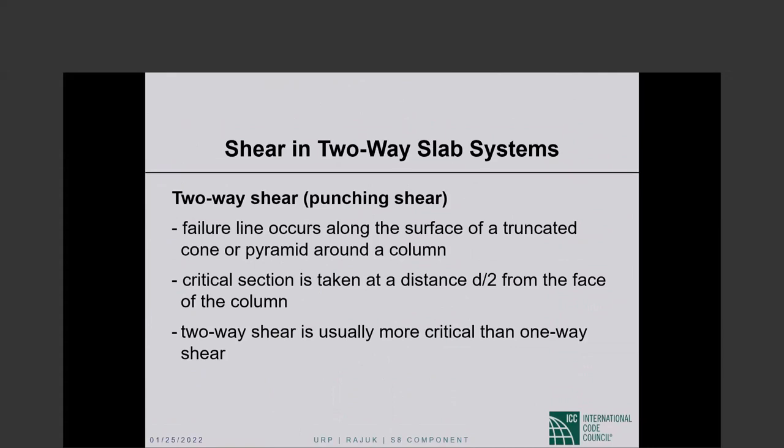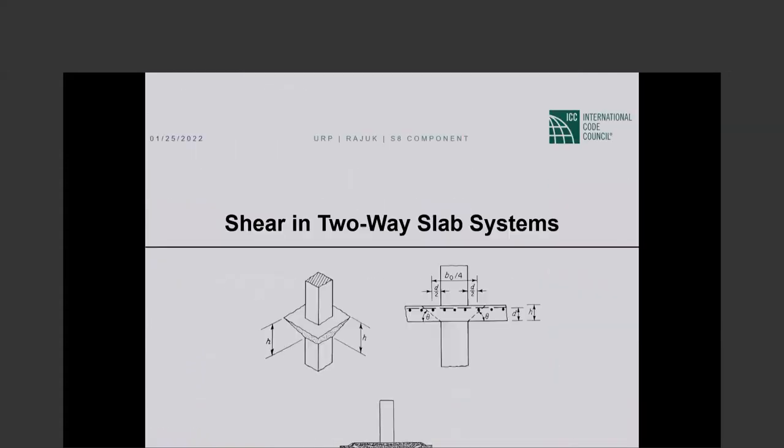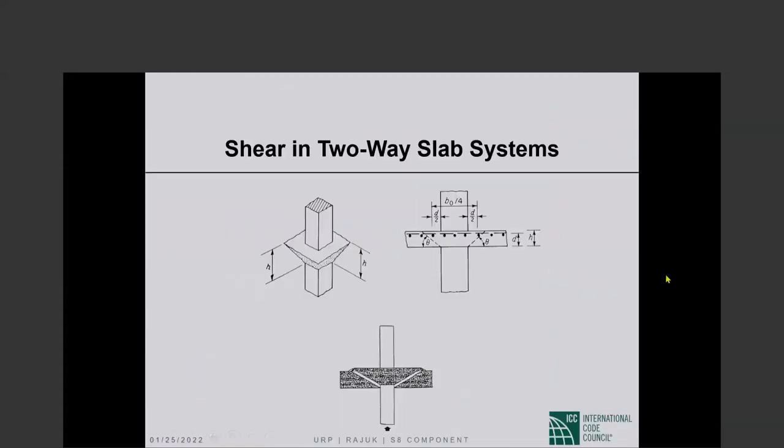So failure line occurs along the surface of a truncated cone or pyramid around a column. Critical section is taken at a distance d/2 from the face of the column. So the critical section for two-way shear is, if you assume this is about 45 degrees, halfway from here to there would be the distance d/2.